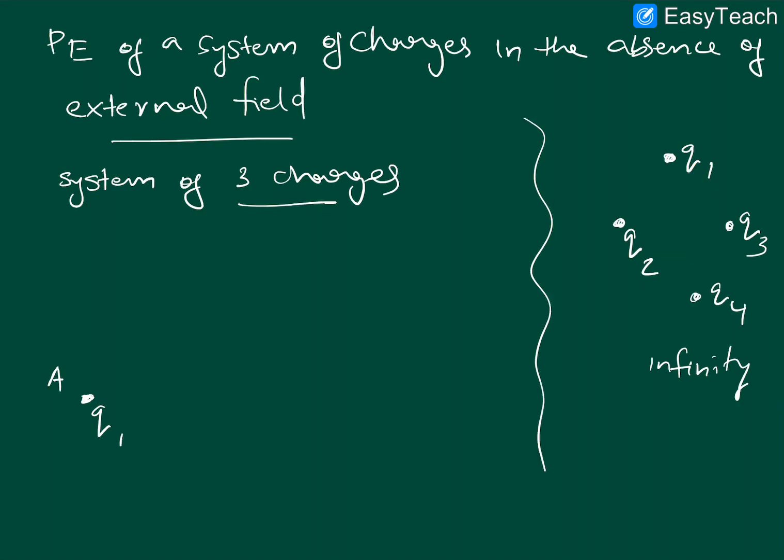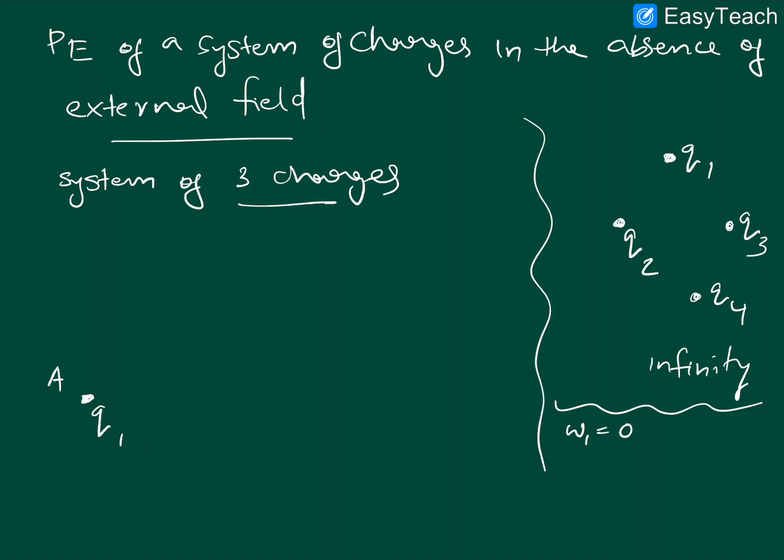When there is no repulsive force, it is very easy to move q1 from here to here, and you don't need any work. So the work done in this process is W1, which is equal to 0, because it is in the absence of an external field and there are no other charges present.